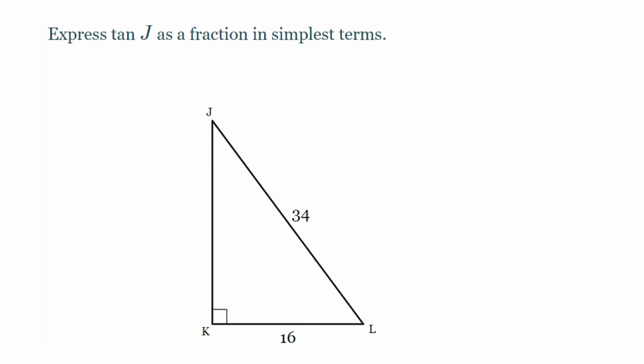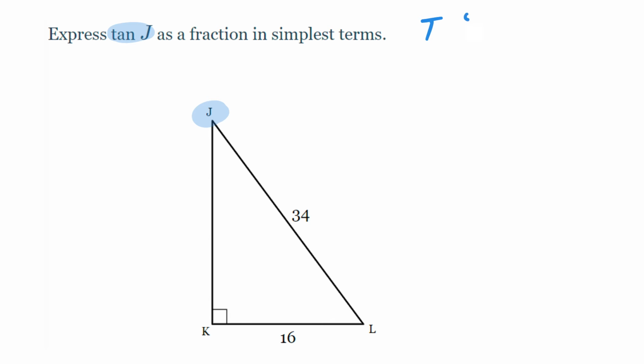So this one's asking us to find tangent from angle J. So again, we've got to get ourselves oriented. The natural instinct is to want to come down here and use the one that's on the bottom, just because a lot of times when we teachers give you examples, that's the one we do. But remember, we have to be oriented from somewhere, and in this case, we're oriented from J. And it's also a tangent.